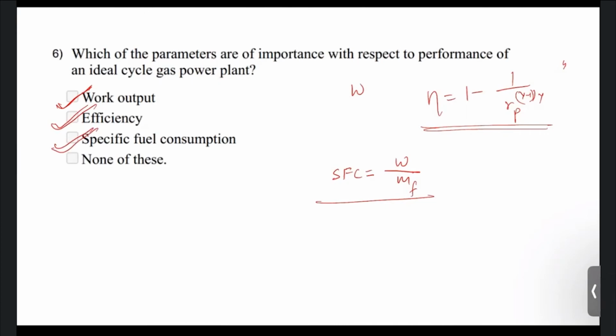Yes, so all three options are correct here. All those three, work output, efficiency, and specific fuel consumption, are important parameters whenever we analyze a cycle, either a gas power cycle, an Otto cycle or a diesel cycle.